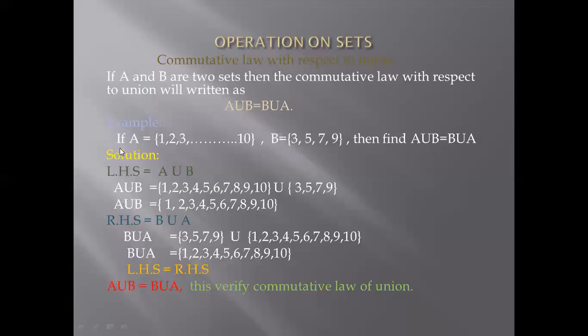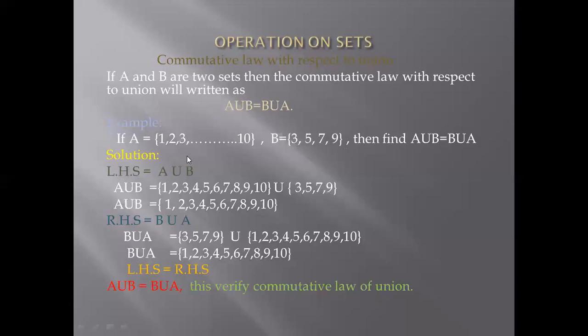The elements of A are 1, 2, 3 till 10, and the elements of B are 3, 5, 7, 9. Which type of numbers are they? The elements of set B are odd numbers.